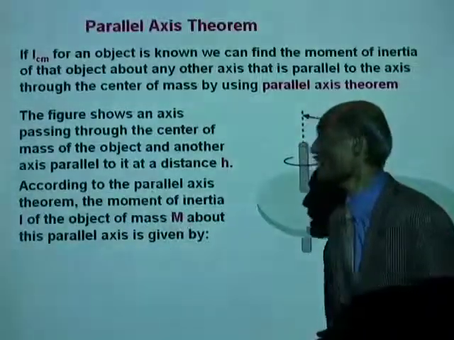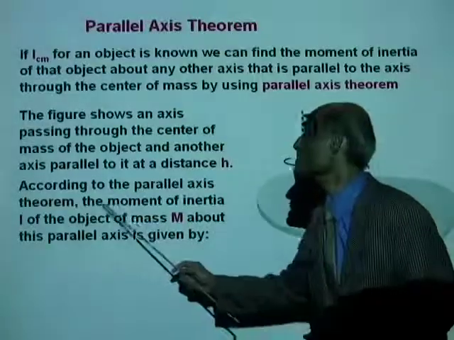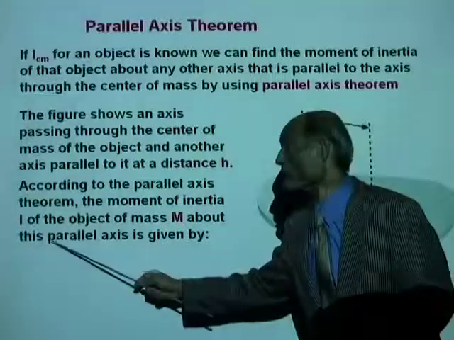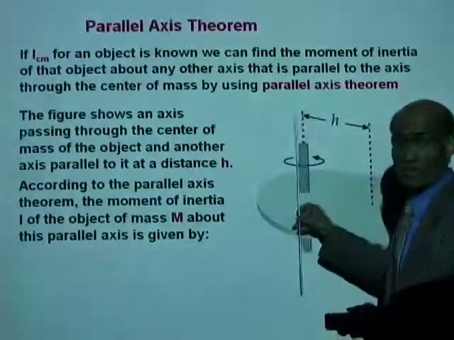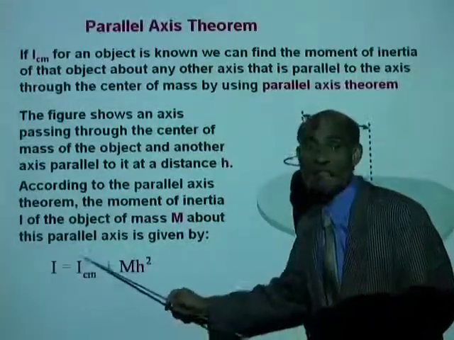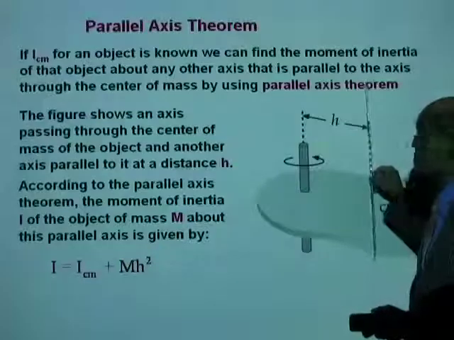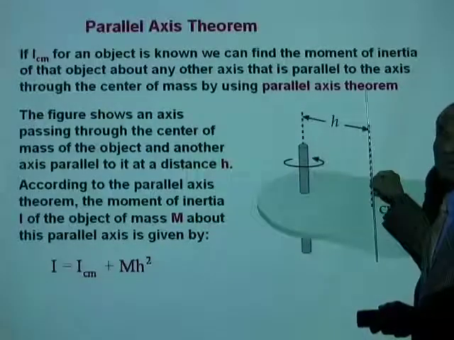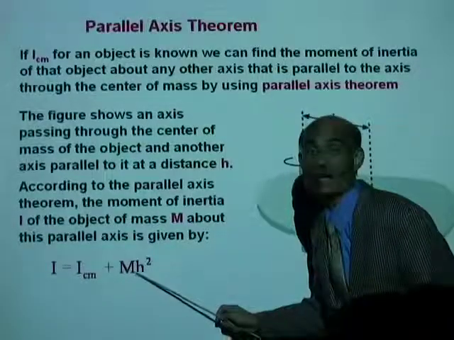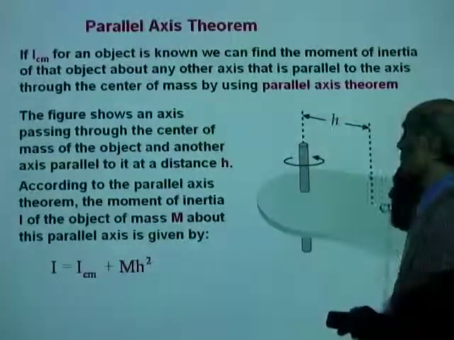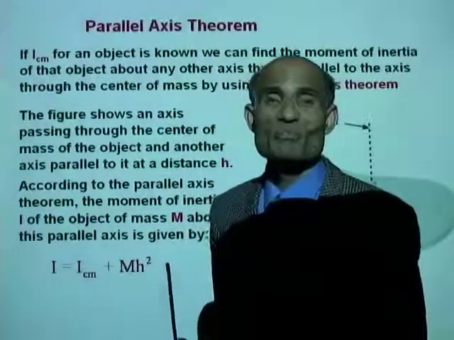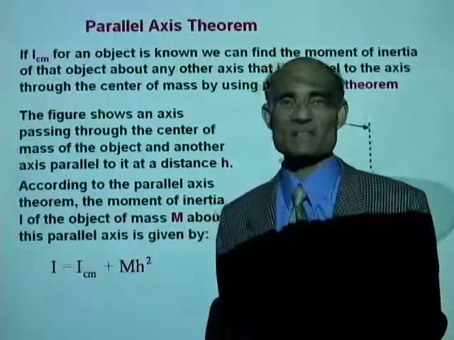According to the parallel axis theorem, the moment of inertia I of the object of mass m about this parallel axis is I equal to I center of mass, that is the moment of inertia about this axis that passes through the center of mass, plus mh squared, where m is the mass of the object and h is the perpendicular distance between the two parallel axes.